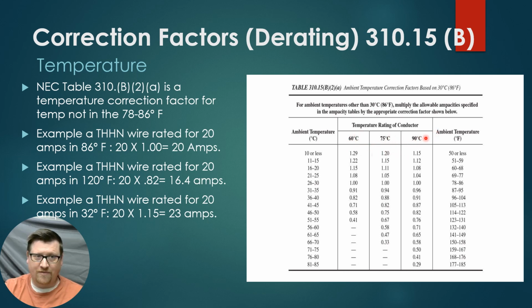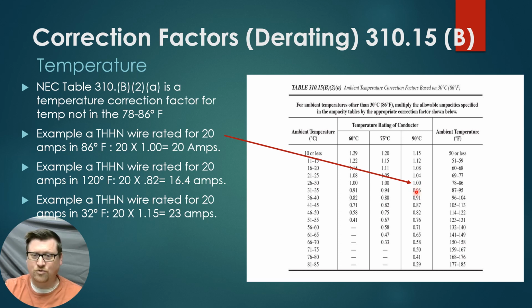If we have a THHN wire and we're looking to see what our correction factor should be if the ambient temperature is 86 degrees Fahrenheit, I look in the 90-degree column for THHN, and it tells me that I don't have to have a correction factor.